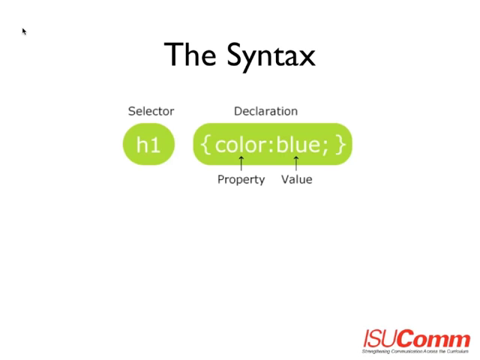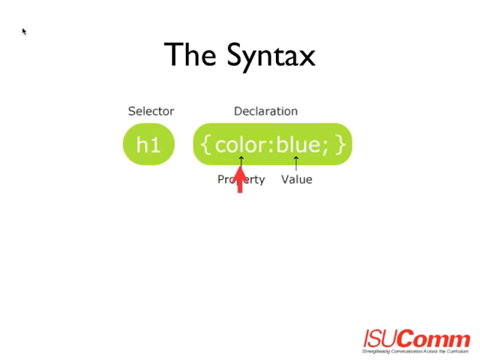So here's how the syntax works. When you look at this code, it's basically saying every time the web page has an H1 tag in it, I want you to make the color blue. This is the selector, so the selector is H1. So every time you see an H1, I'm going to open a bracket here.